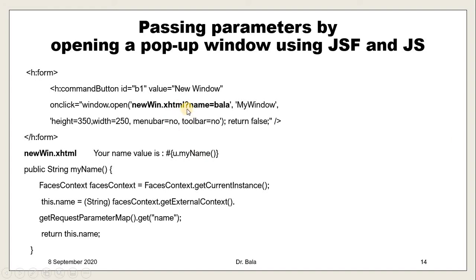In this way, if we want to create a new window which will collect data, it can be processed. So JSF code can be integrated with JavaScript using the pop-up window to perform any actions, any operations. This is one example I have shown here.